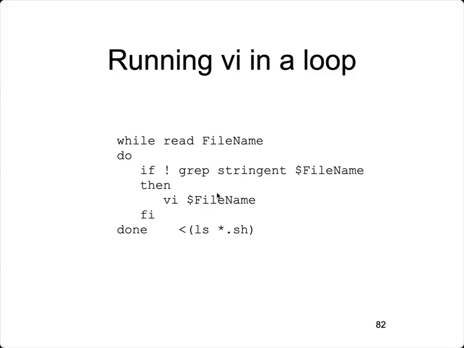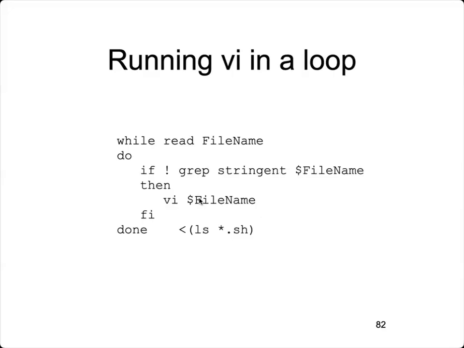So I wrote this little script for you guys to run that'll go out, do an ls of the shell scripts, find all your shell scripts, and read each file name in. If that file doesn't contain stringent, then execute vi on the file so you can edit it and fix it up.